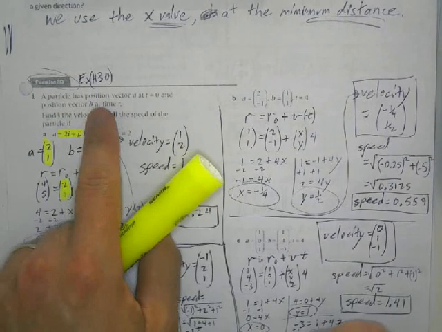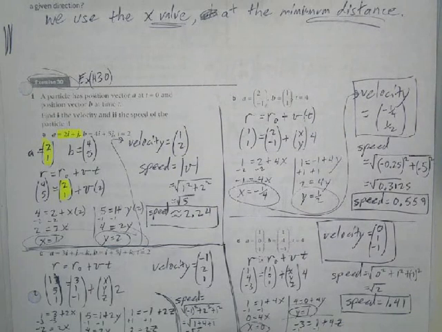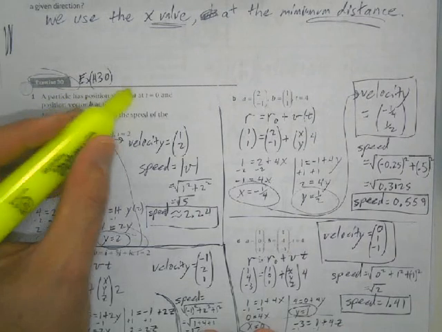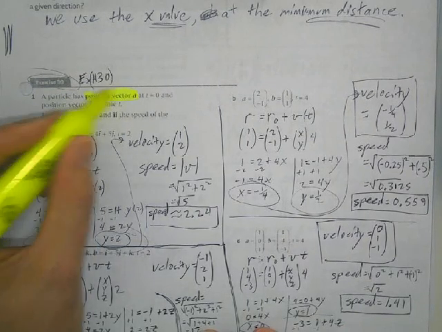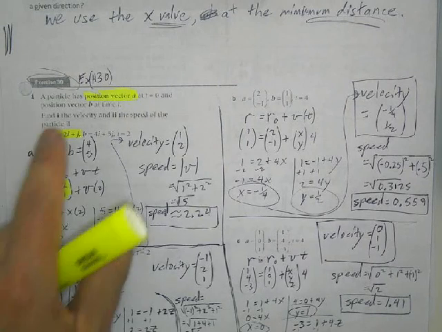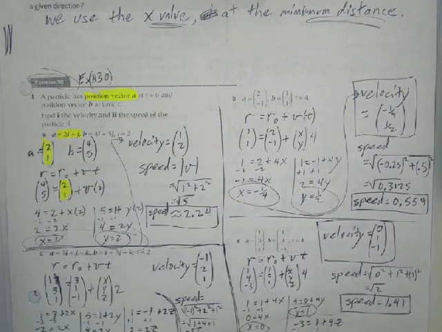The position vector A, and find the velocity. What did we do to find the velocity?